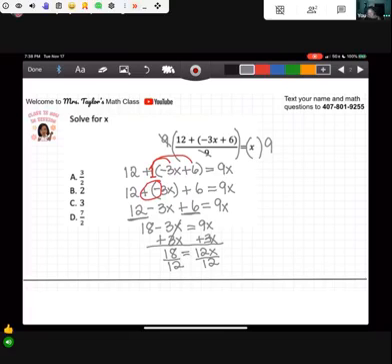Now I'm left with 18 over 12 is equal to x. Now I can simplify this fraction by dividing both my numerator and my denominator by 6. And I get 3 over 2 is equal to x. And in this case, that would be answer choice A.